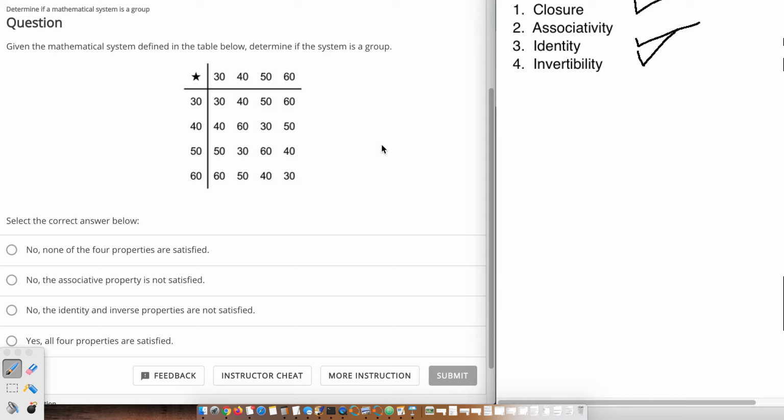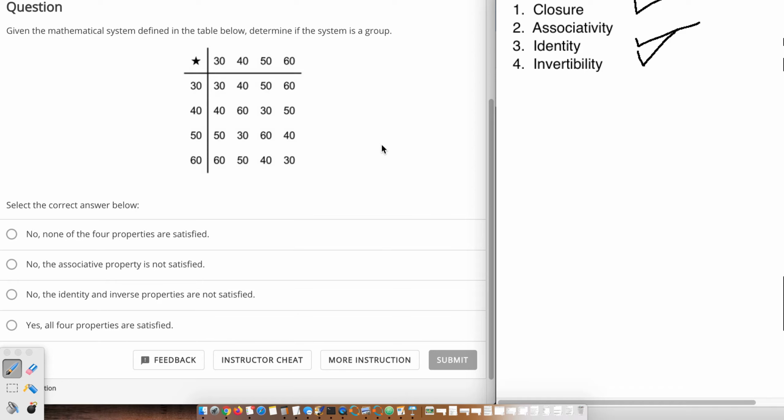Oh, so the last one is the associative property. Associative is tough.